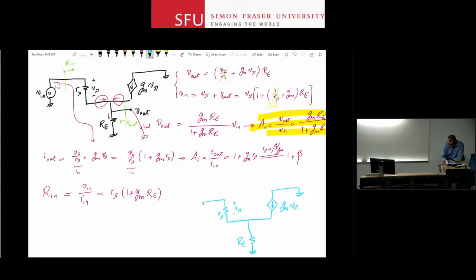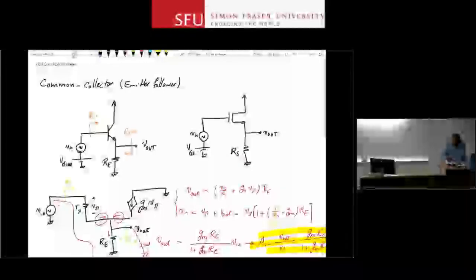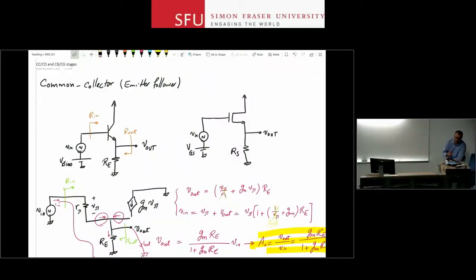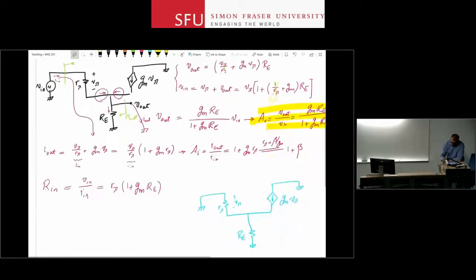The source that I had at the input is now removed from the circuit. And looking at where I'm measuring the R out, I need to attach my test source to that node. So this is where I have my test source. Let's call it Vy. My goal is to figure out what is Iy as a function of Vy, and the ratio of the two will give me the output resistance when I look back in here.